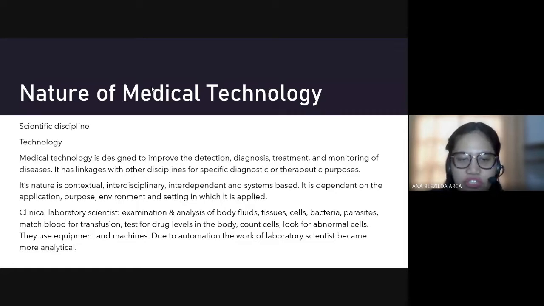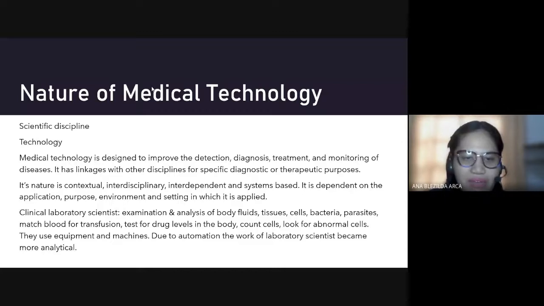We also match the blood for transfusion. Kasi class, before giving a blood to the patient, para salinan ng dugo yung pasyente, hindi basta-basta na kukuha ka na ng dugo sa Red Cross tapos isalin mo na yan sa pasyente mo. Hindi ganon. Before ka magsalin ng dugo, you must be able to test the blood if it is free from infections, di ba? And also, test the blood if it is compatible to the patient. Kasi hindi naman lahat ng blood unit na kukunin mo sa Red Cross magiging compatible sa pasyente mo.